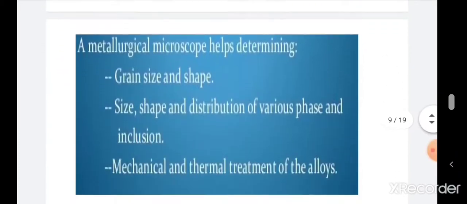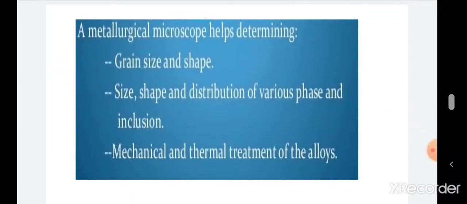If you want to find out the grain size and its shape, you have to use a microscope. Secondly, after a heat treatment process or some external heating arrangement, the shape and size of microstructure or grain will definitely change.